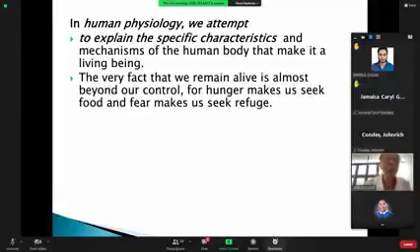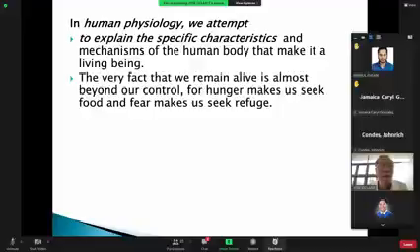Another is to discuss the very fact that we remain alive is almost beyond our control. For hunger, for example, is a need: you feel hungry, so your body will tell you to look for food.